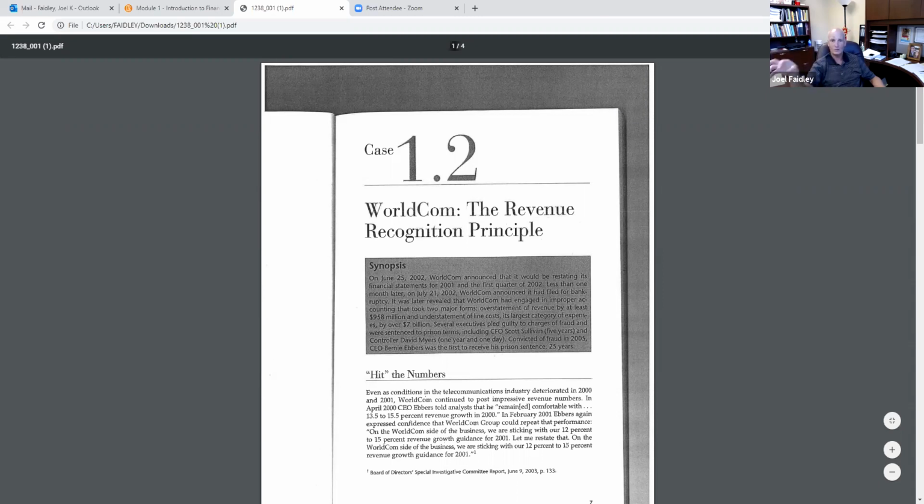It just gets worse and worse and worse in trying to cover this shortfall in revenue when their market had been saturated and they weren't growing. In fact, you read this voicemail that CFO Sullivan left to Bernie Ebbers, talking about how this monthly revenue just keeps getting worse and worse.